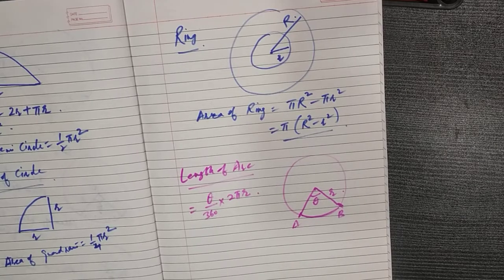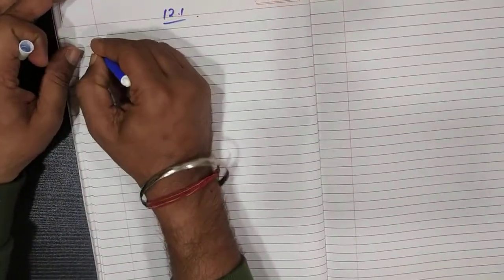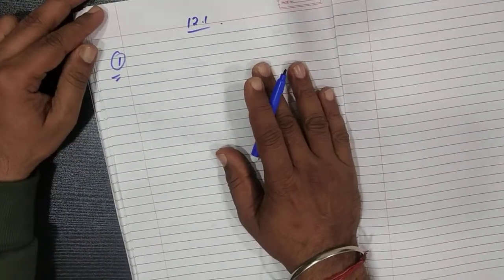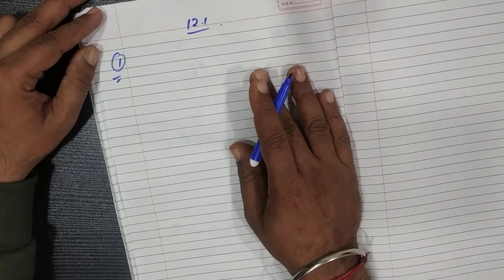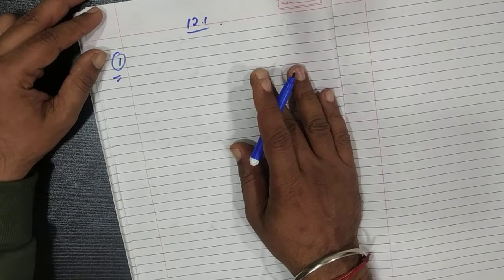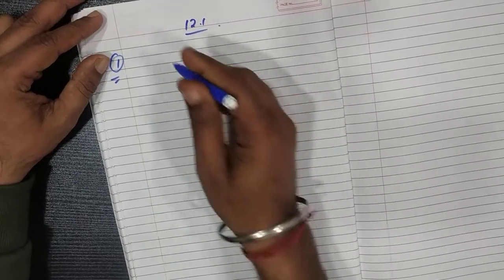Now we will come to the first exercise, that is 12.1. First question. In the first question of the exercise, it is given that the radii of two different circles are 19 and 9. Find the radius of the circle which has circumference equal to the sum of the circumferences of these two circles.